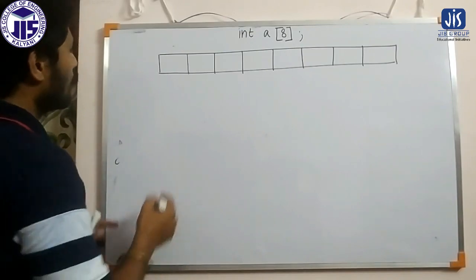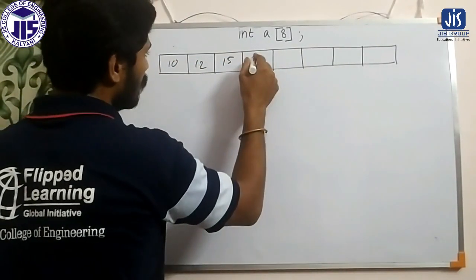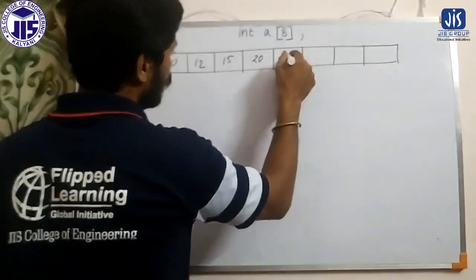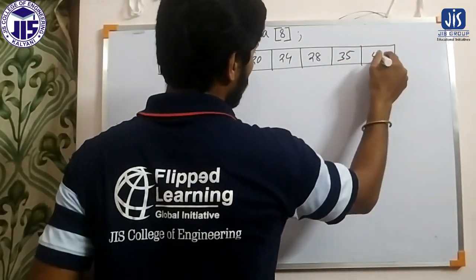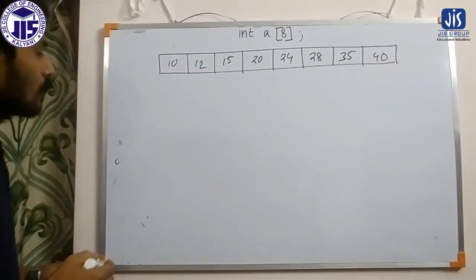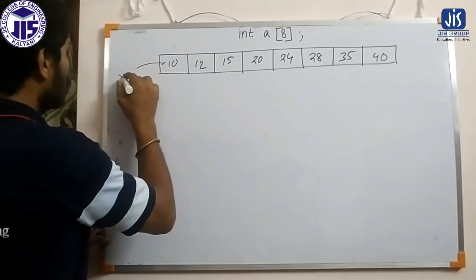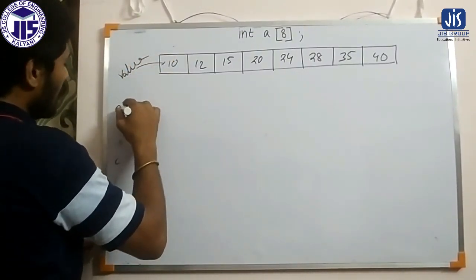So the data are, for example, 10, 12, 15, 20, 24, 28, 35 and 40. This is the data we stored into this array. Now this is the value. Now we write the position.